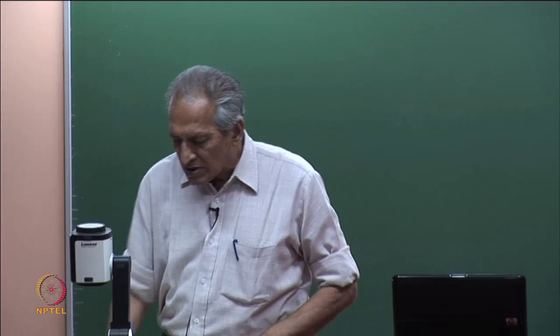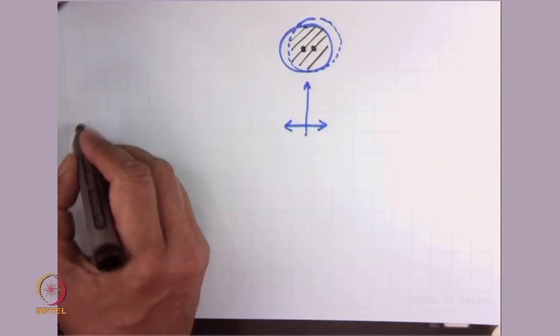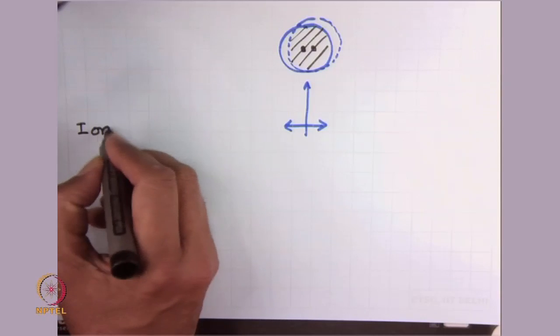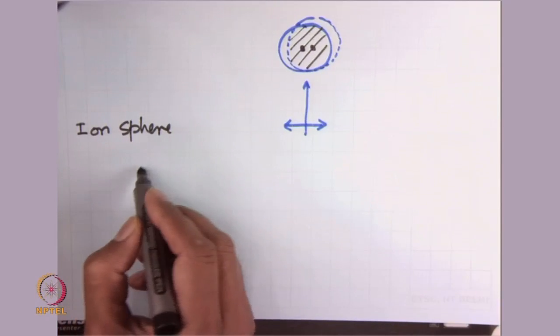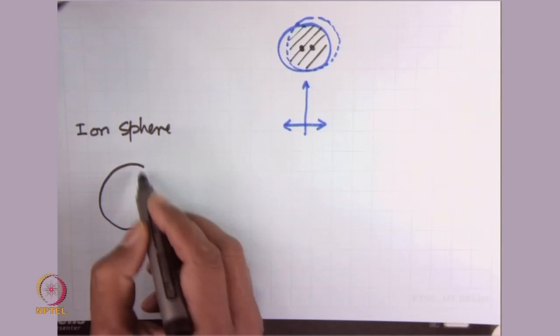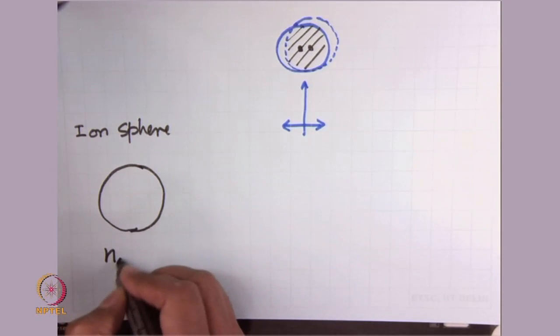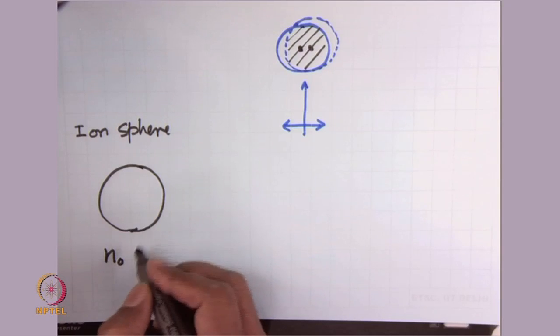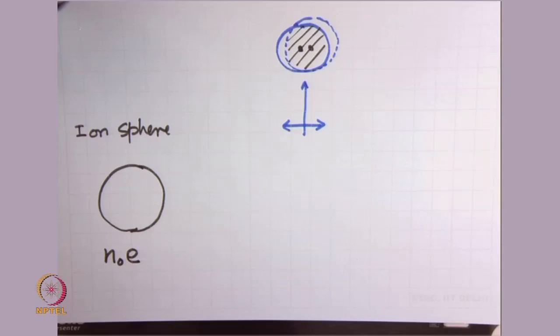Now, in order to derive an expression for the electric field in the overlap region, let me consider it step by step. So, consider an ionosphere first, of density n0 ions per centimeter cubed. So, the charge density is n0 e, where e is the electronic charge magnitude.